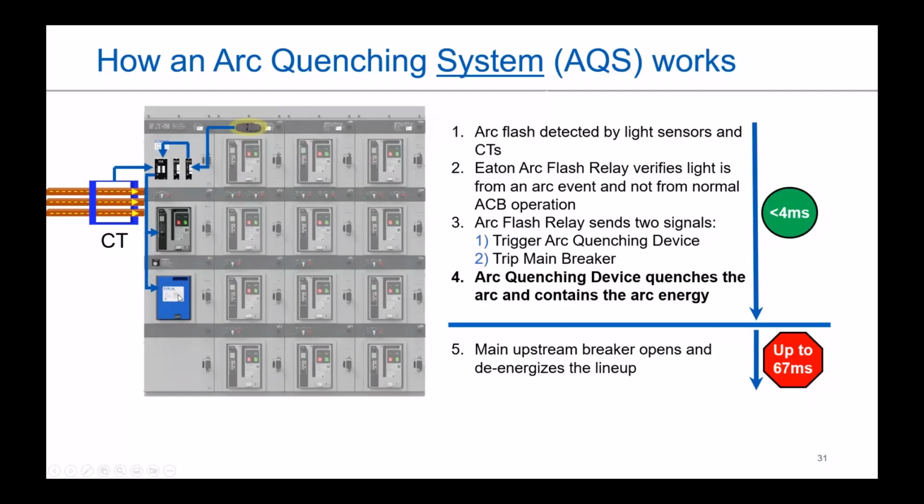If for some reason there was an issue with the arc quenching device or the arc flash relays or something else, or it's done its job, that light goes off. And that is the signal to an operator that says, if you're going to approach this, you need to make sure that you're wearing the appropriate level of PPE for that higher level of incident energy, because something has gone on to where that system is not active anymore and you no longer have protection or reduced levels.